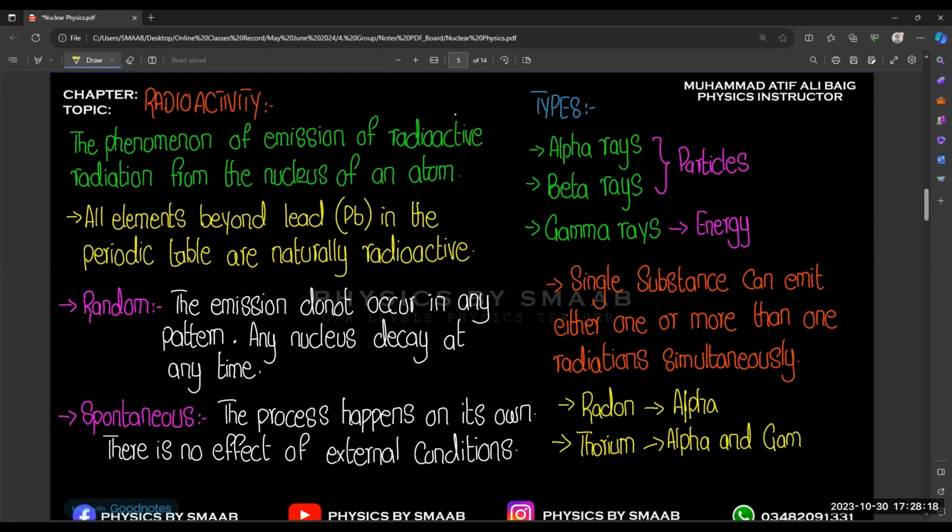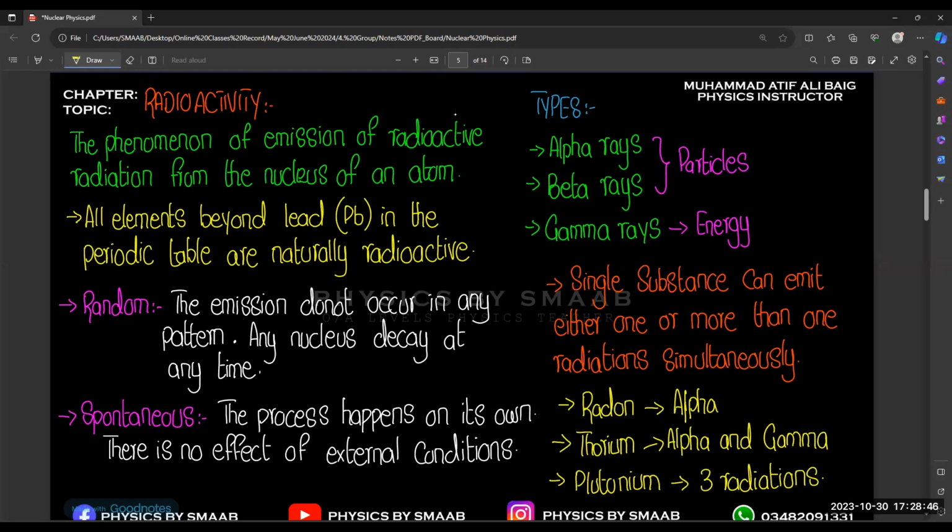And the third one is plutonium. So all three types of radiations can be emitted from the plutonium element.